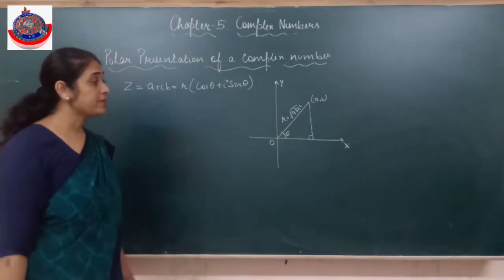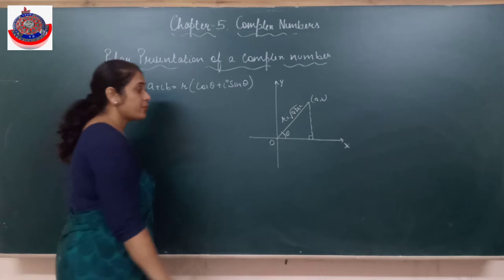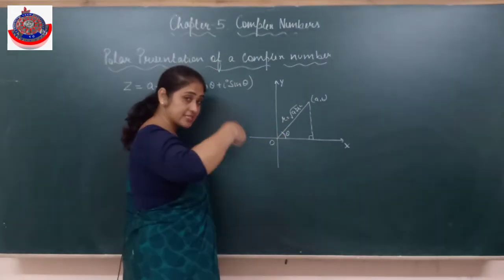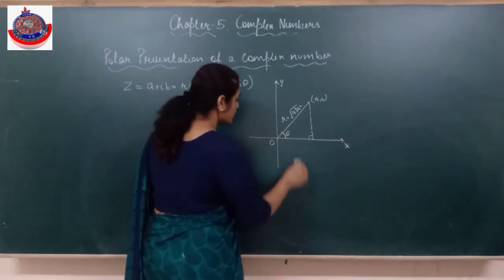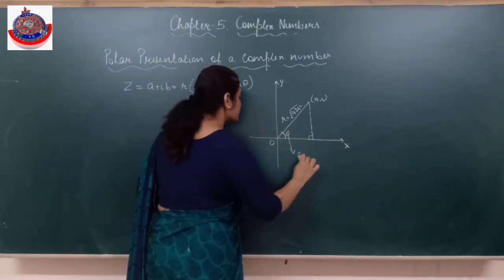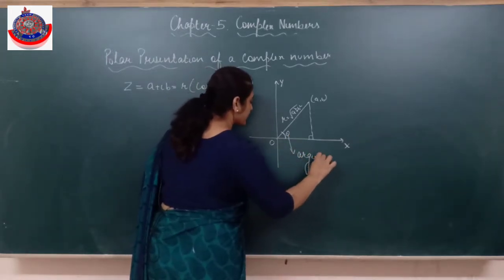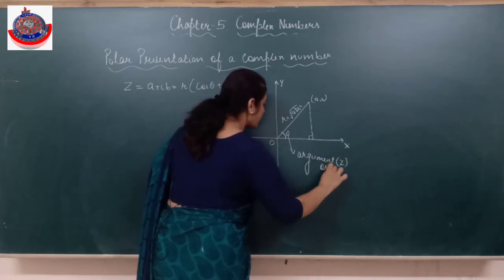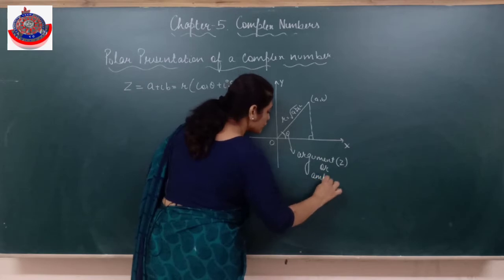Theta: OP makes an angle theta with the positive direction of the x-axis. We are taking anti-clockwise, that we know. If we take the angles anti-clockwise, it is positive. The name of it is argument, that I'll do after this. Argument of a complex number, or we call it the amplitude of a complex number.